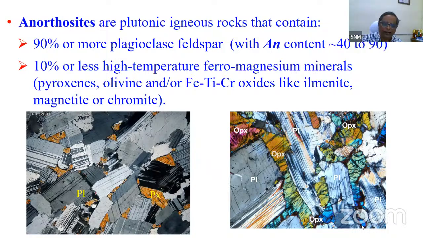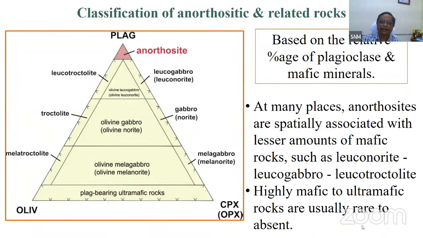First of all, I would like to introduce the classification of the anorthositic and related rocks. As I said, the mineralogy comprises plagioclase and mafic minerals, which are orthopyroxene, clinopyroxene, and rarely olivine also. Based on that, this triangular classification diagram is given. As you can see here, 90% or more plagioclase is called anorthosite.